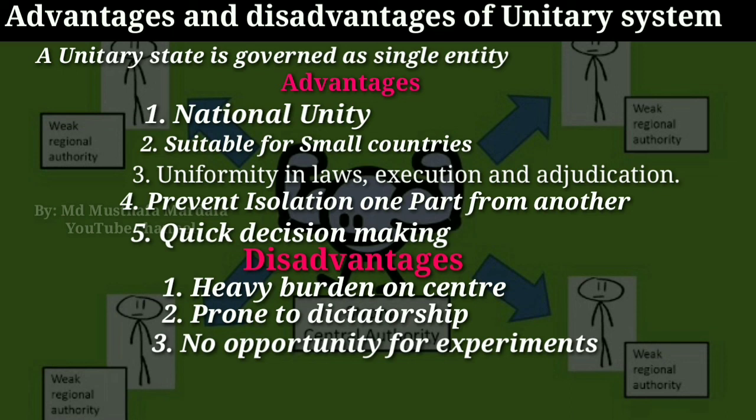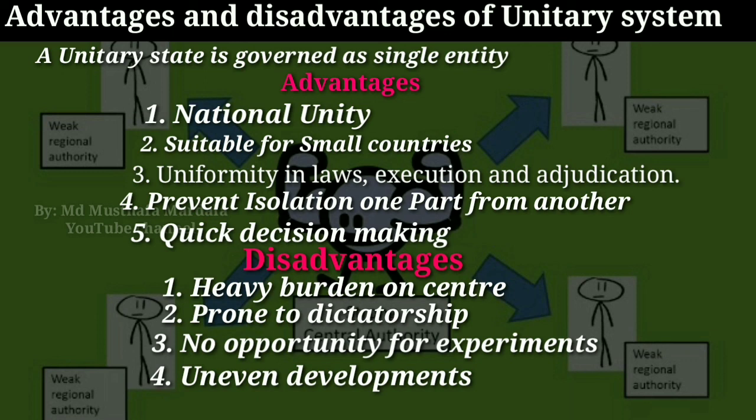Another disadvantage of the unitary form of government is that under some circumstances, the distribution of national resources might not be even. Some regions might be neglected for political reasons. In other words, some minority interests could be neglected in a unitary form of government for political reasons.